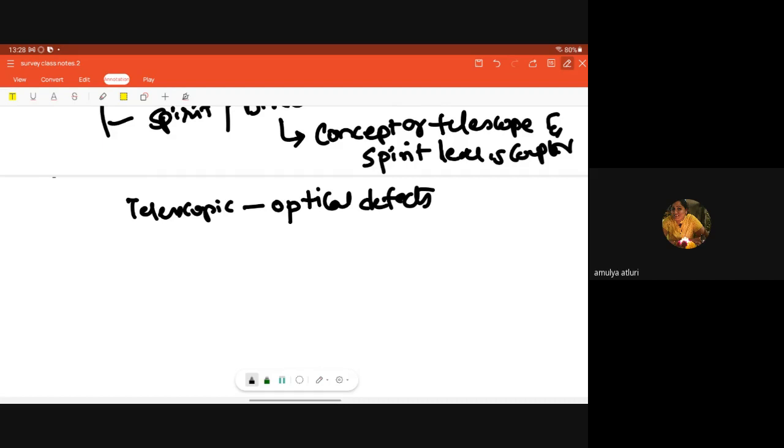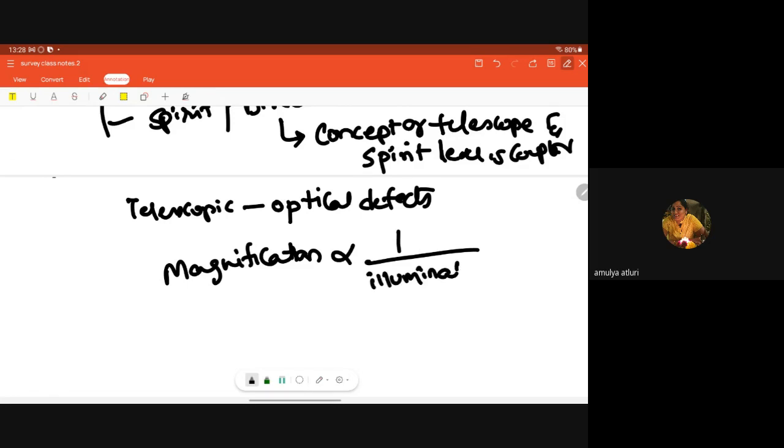The magnification of a telescope is inversely proportional to the illumination of the lens. What is illumination?